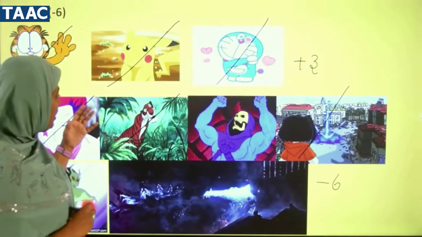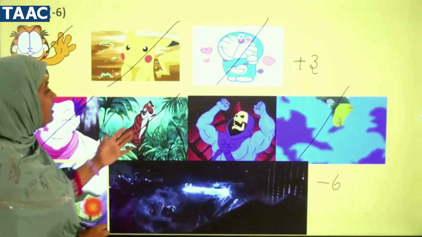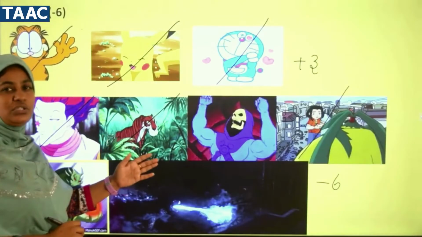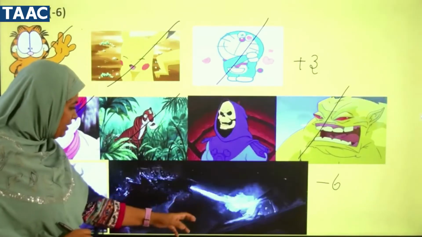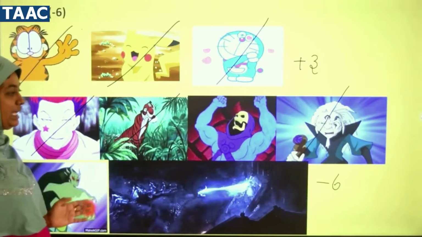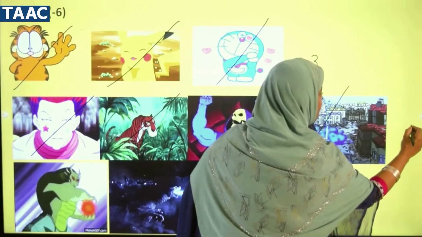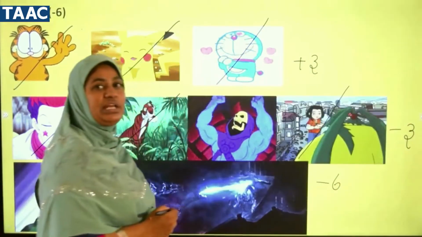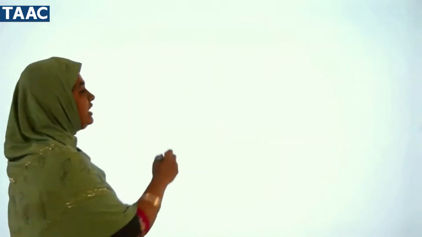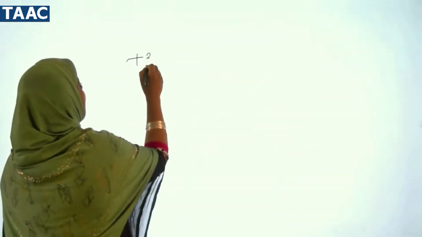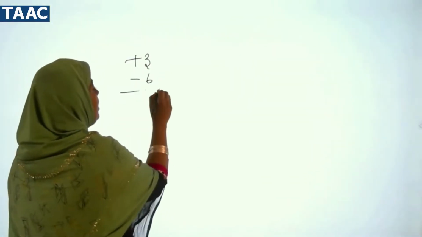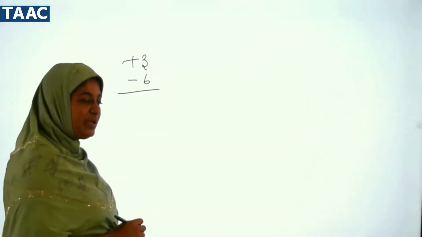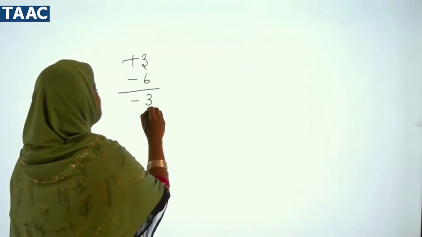Now you see what is left out. We have negative characters left out. So how many are left out? 1, 2 and 3. 3 are left out. They are negative characters, villains. So I am putting that as minus 3. We had plus 3 and minus 6. What answer have we got? Do you remember? Yes, it is minus 3.